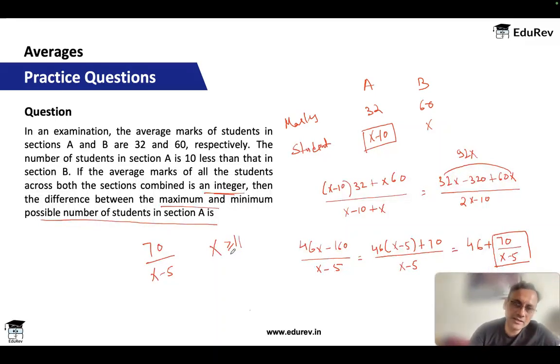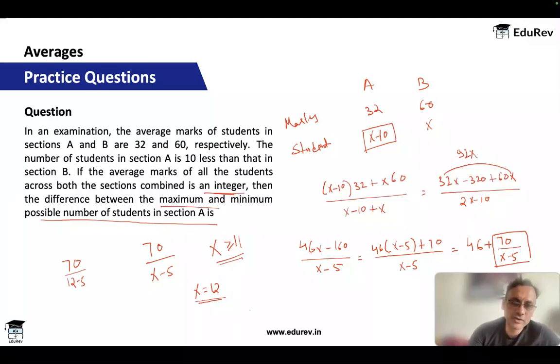Now, so x greater than 11, what value will give you an integer? If I take x as 12, then you will get 70 upon 12 minus 5, which is 7. 70 upon 7 is 10. So x is 12 is the smallest possible value because x had to be greater than 11. What is the largest possible value of x?